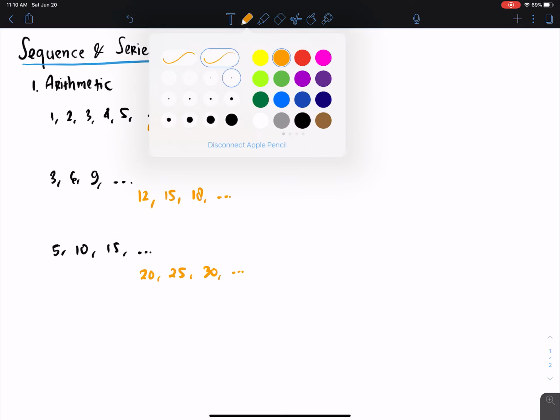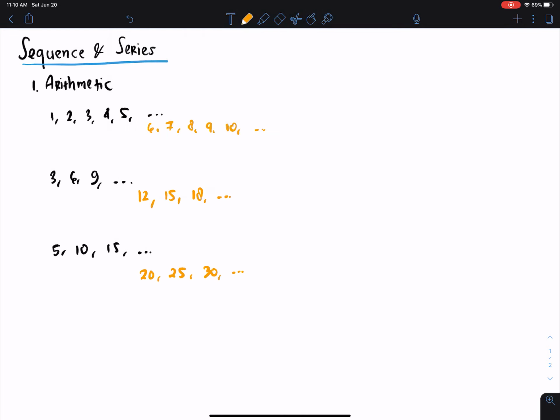What we would like to look at here is the difference from one number to the next number. In the first one, we already understand that the difference is only 1, so the next one also differs by 1, and so on.